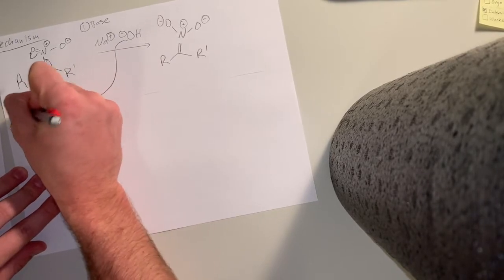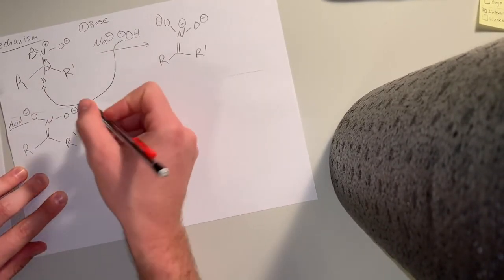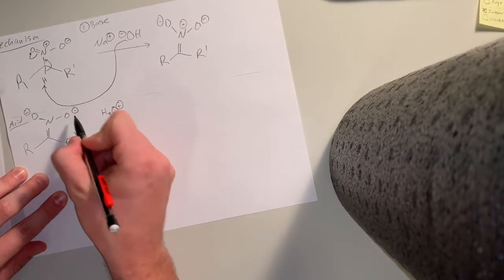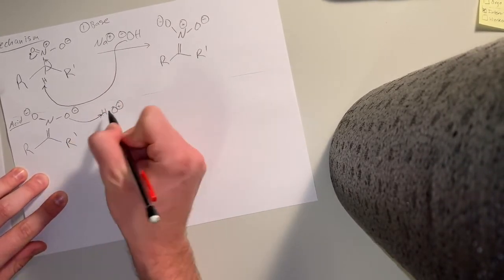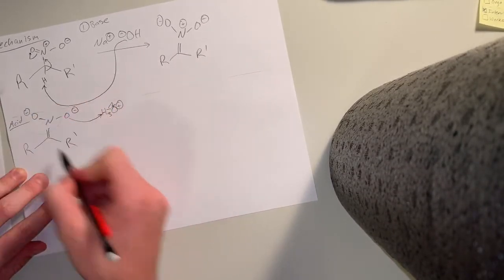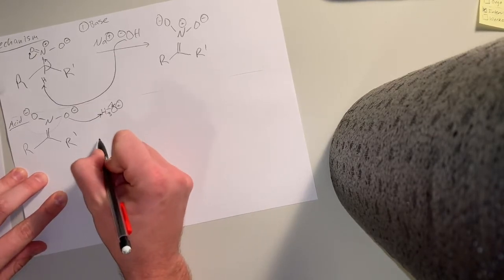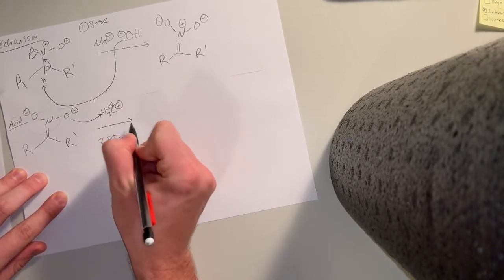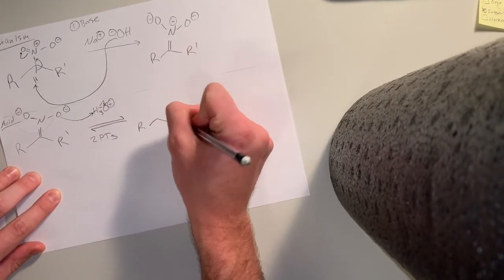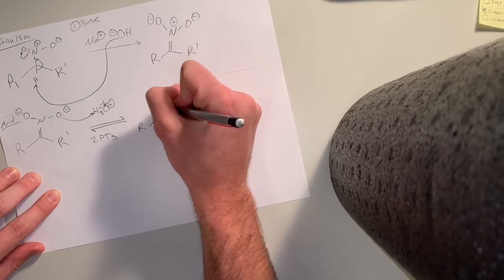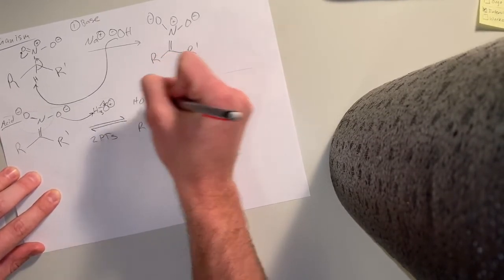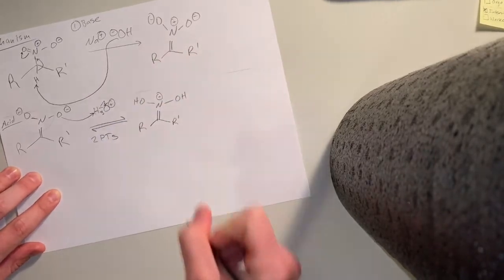Okay, so we're going to have two proton transfers here from our hydronium ion. It's going to come down, grab hydrogen, and that's going to happen over here as well. I'm not going to draw it out, but there's two proton transfers. And that will bring us to this molecule. Going to have two OHs right there.